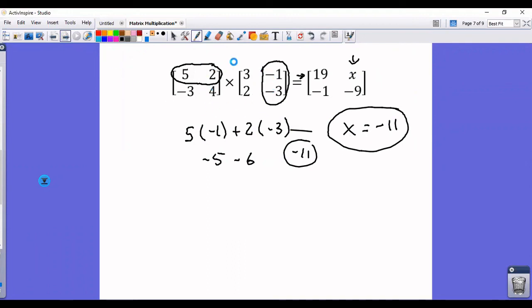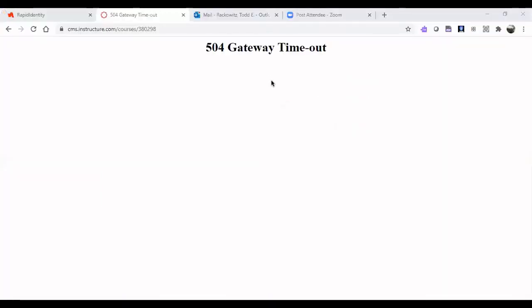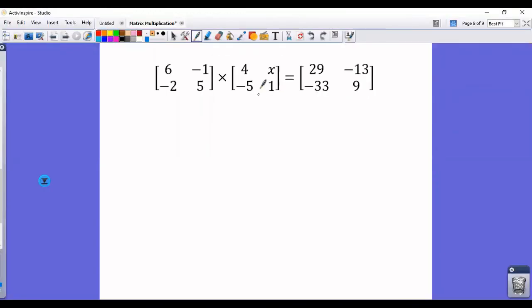When your variable falls in one of the columns, like this one, then you have a choice. It's in the second column, the x I'm looking for. So I know I have to use one of these 2 numbers in the second column. I can do the first row times second column to figure out x, making sure I'm setting it equal to the first row, second column number. Or I could do the second row, second column.